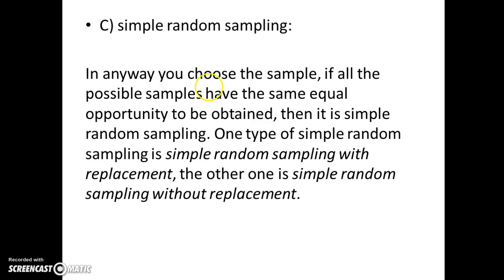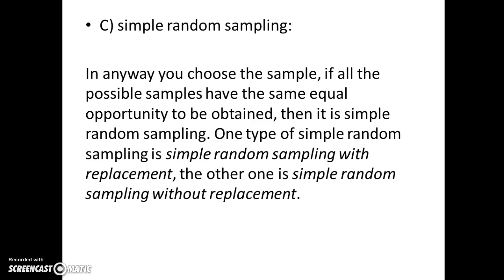Simple random sampling. When you choose the members of the sample, if all of the possible samples, let's say sample A, sample B, sample C, all have the same equal opportunity to be obtained, then this is called simple random sampling.